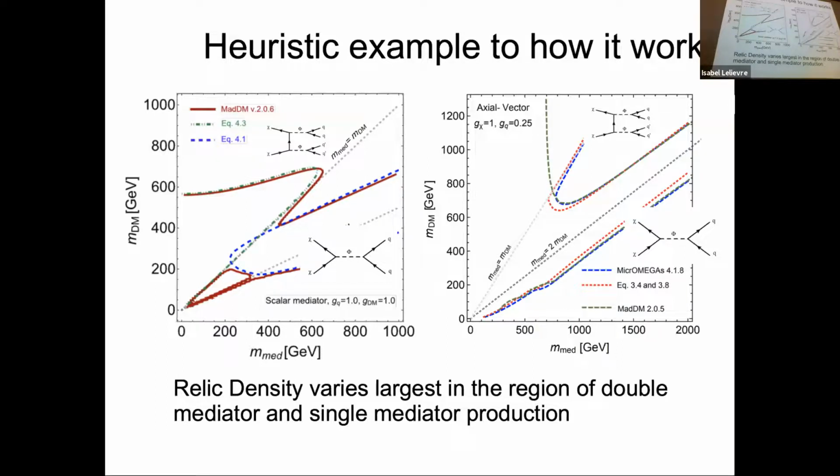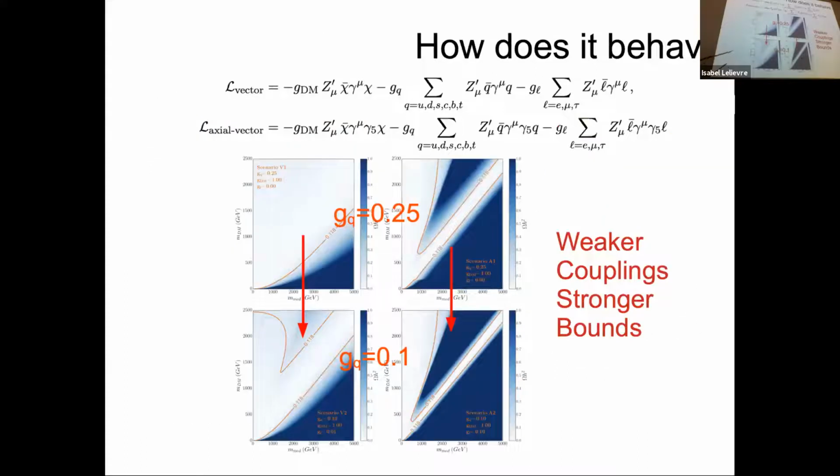And I just want to go a little bit further into this. I'll skip this slide. So this is actually what I get when we run med-dm. It's a nicer version of the plot I was just showing, where you have the relic density as a function of mediator mass and dark matter mass.